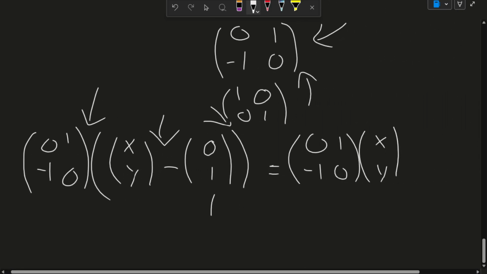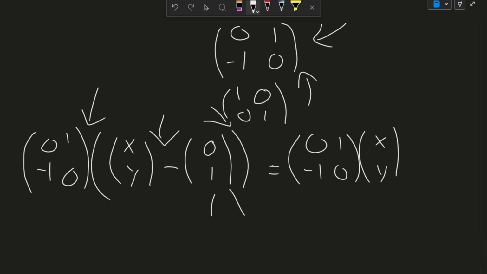And then, if we multiply it out, this 0, 1 becomes a 1, 0. And so we end up subtracting 1, 0, right? So going down 1 unit and then rotating is the same thing as rotating and then going to the left by 1 unit, which kind of makes sense, right?